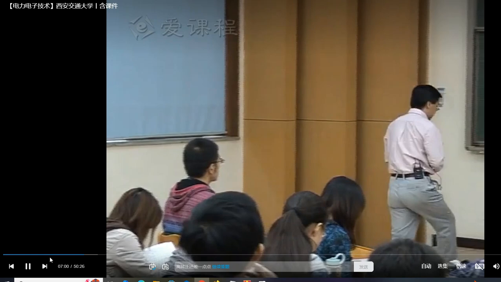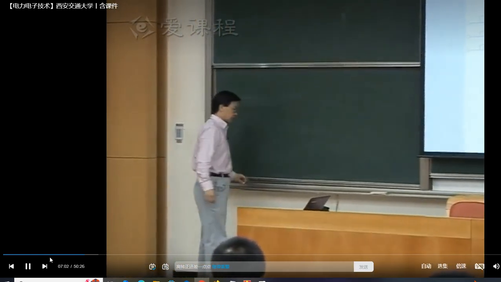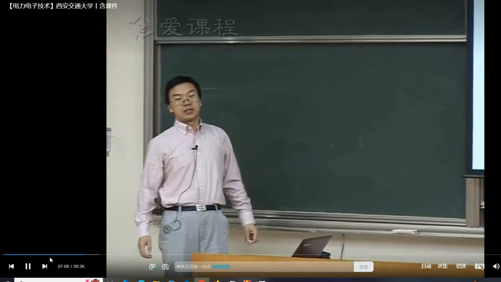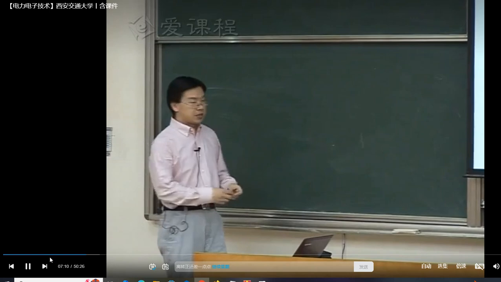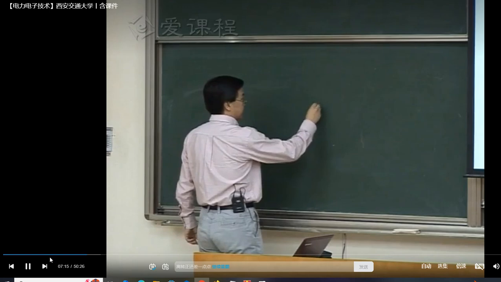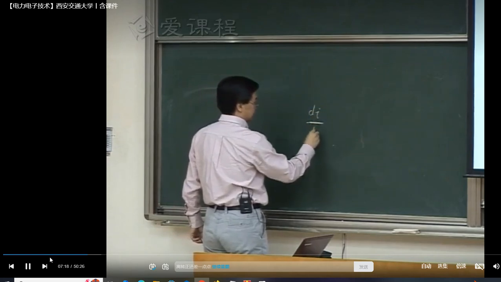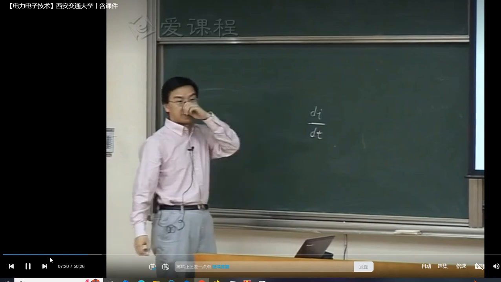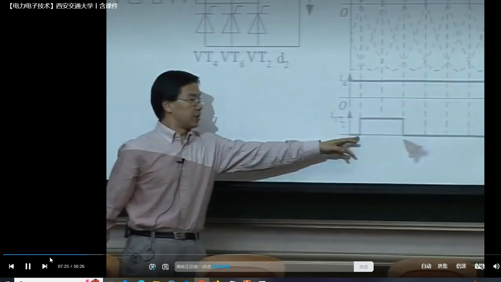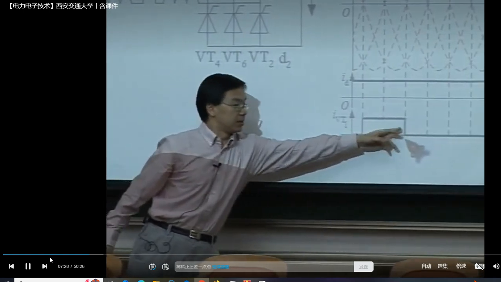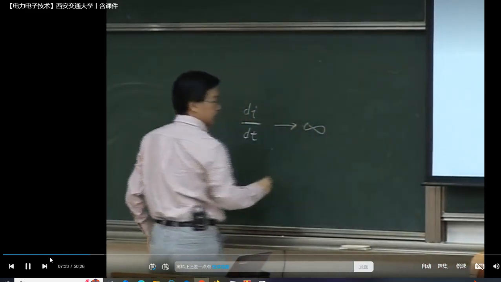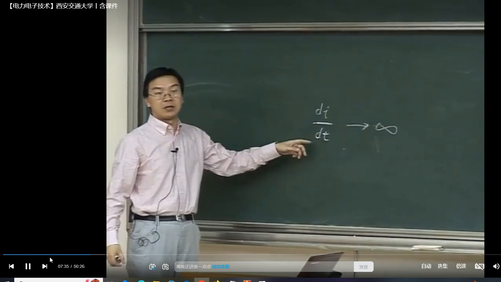Okay, if you see this instant change in the current as an electrical engineer, you should always remind yourself this is a large dI/dt. At these 2 points here, the current changing, dI/dt is almost approaching infinite, right?